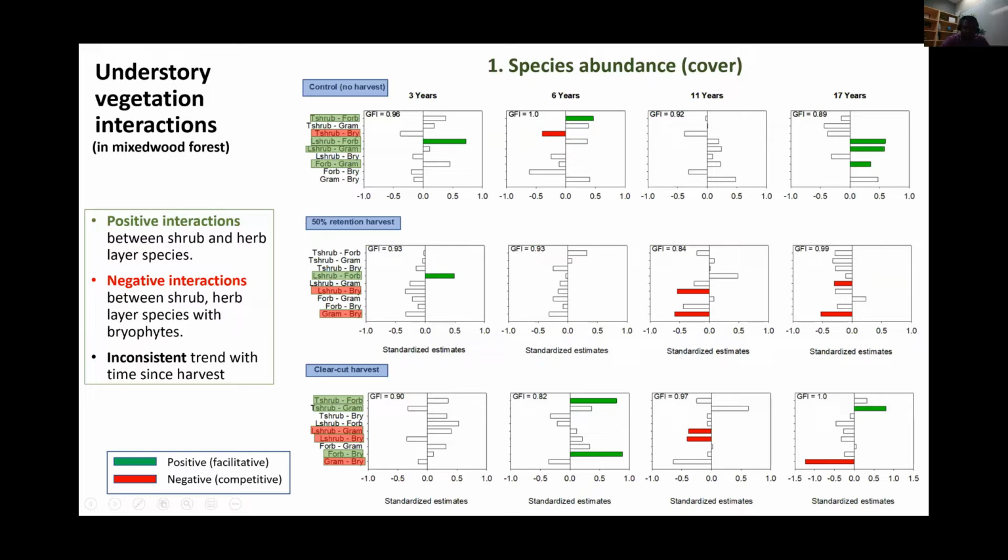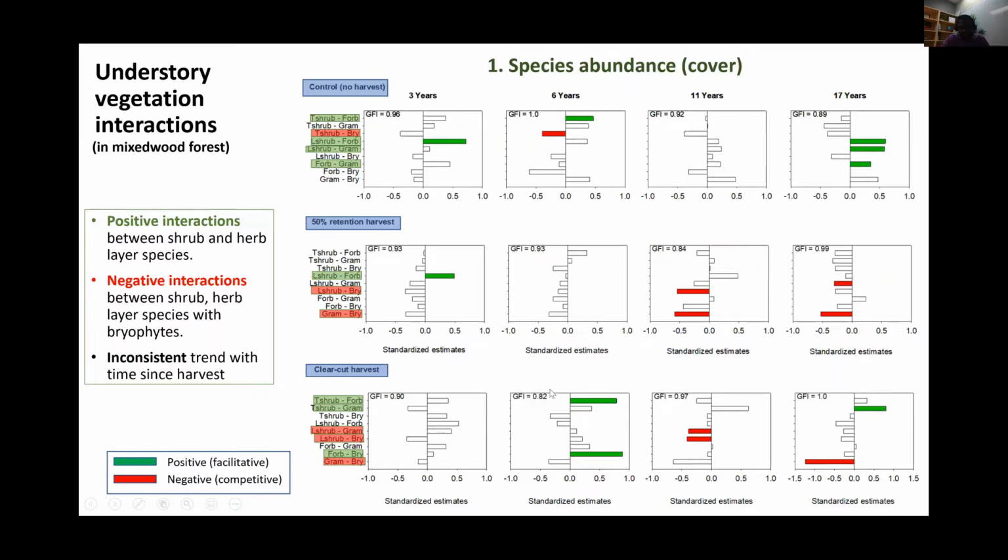Again, I see the trends were very inconsistent through time. We can find here in the clear cuts at 3 years post-harvest, there is no detectable significant interaction. Why so? Are they not responding? Is everybody happy, or are they shocked, or is it a lagged effect?